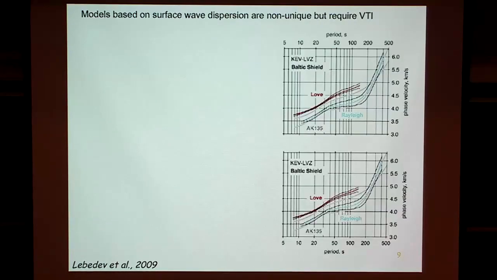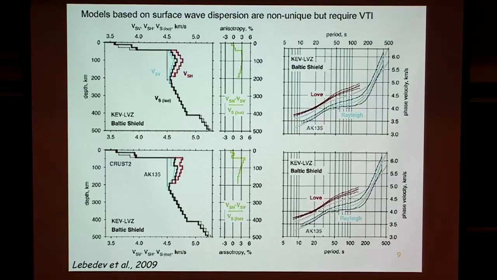Okay, so this is an example from a paper by Lebedev and collaborators showing how this difference between SH and SV velocities is reflected in the modeling.